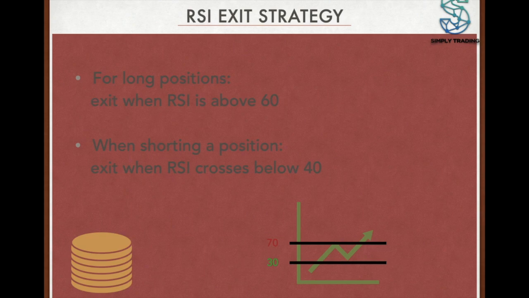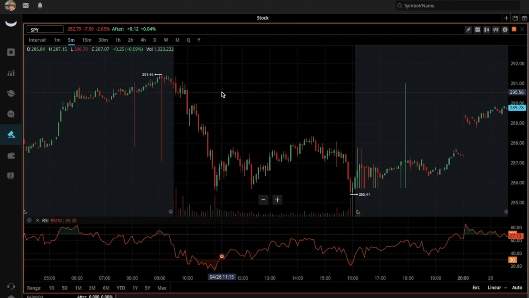Now we can go ahead and move into a little bit on how this actually looks on a live chart. I would just like to go ahead and take a look at SPY. So applying the 10 RSI to SPY on this 5-minute chart, you can see that it is a little overbought up here, and it begins to oversell as it reaches this bottom right here, this lowest valley.